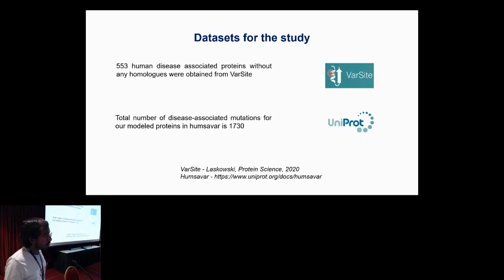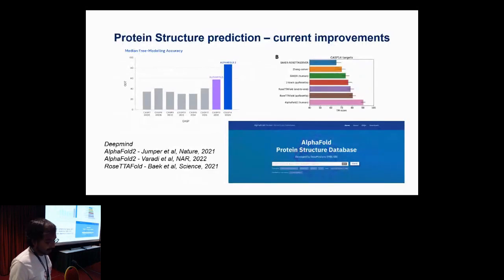When we started this work in collaboration with David Baker, we were using Gremlin, which was then the state-of-the-art tool. But as we all know, AlphaFold came soon after that in CASP 2020, and it used a deep learning model to predict protein structures.